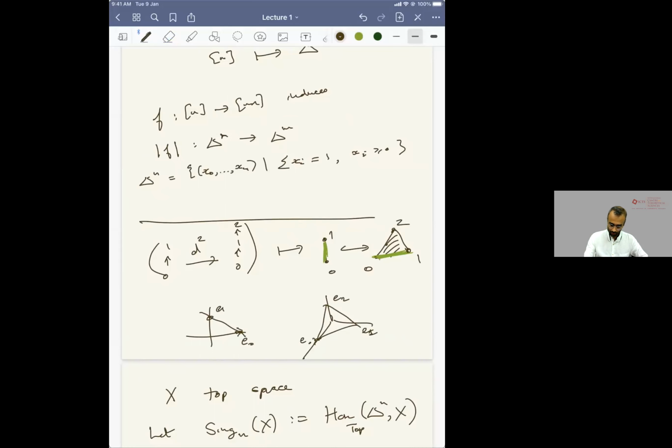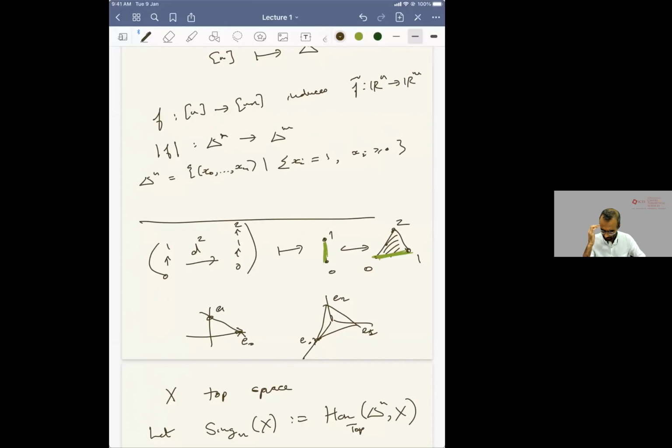This map f from n to m induces f tilde from Rn to Rm, by mapping the basis element ei to the corresponding basis element e of f of i, and 0 otherwise. And I'm claiming that maps the simplex to the simplex.